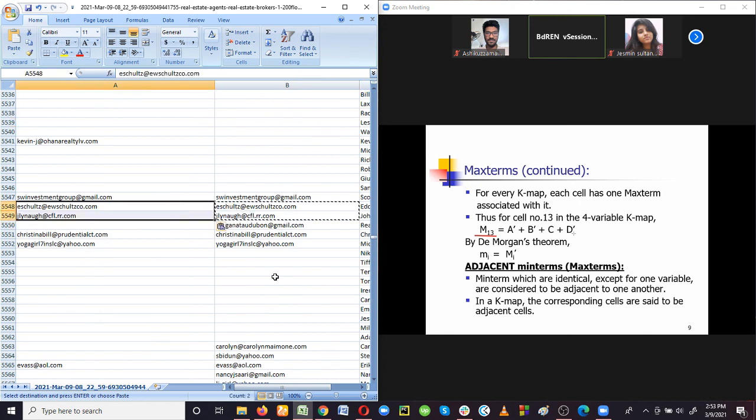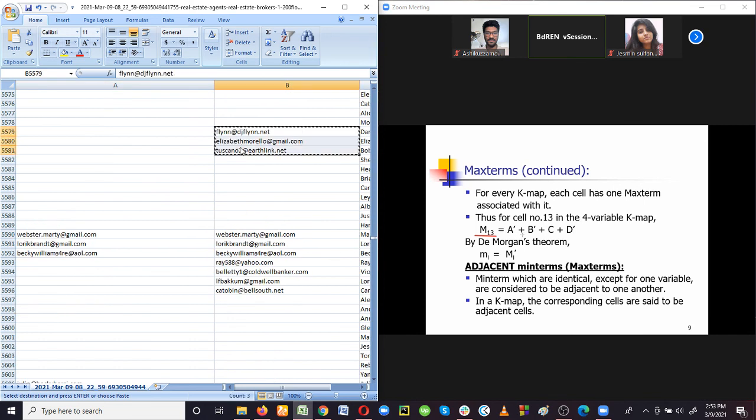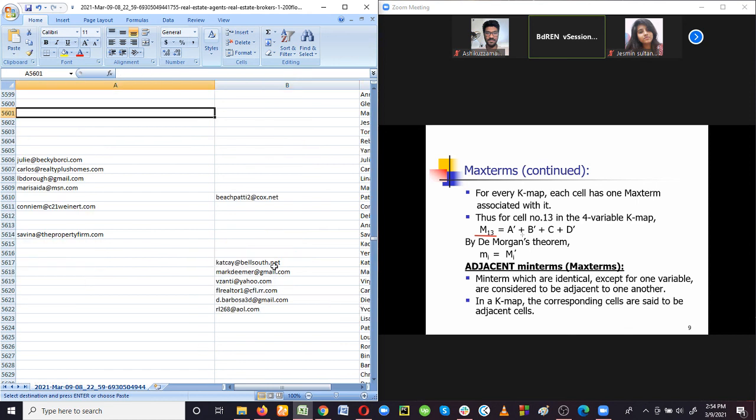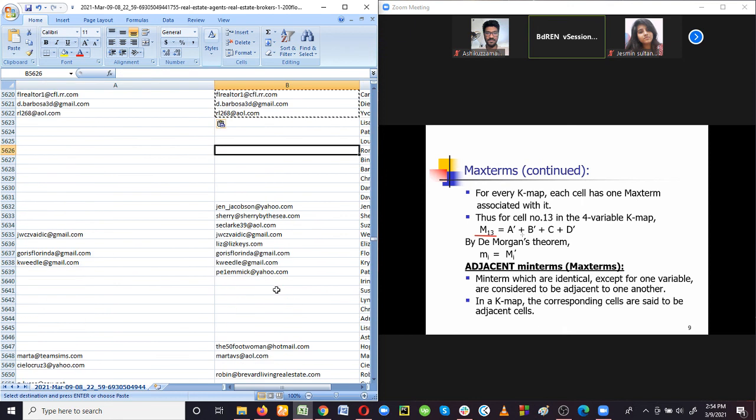Observe. So it is opposite. Previously that was A, B, C inverse D. Now we are writing the plus sign also. Previously that was the multiplication sign, dot. Now we are writing the plus sign: A inverse plus B inverse plus C plus D inverse.